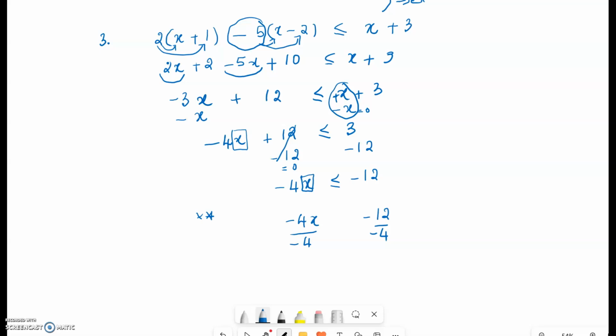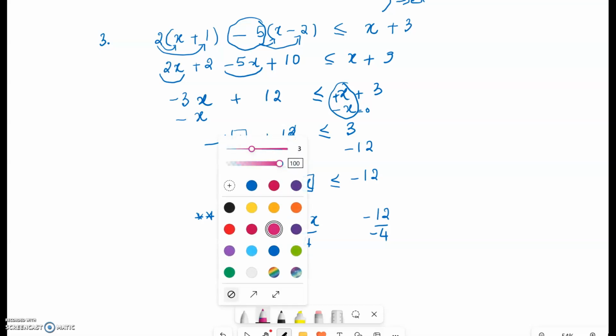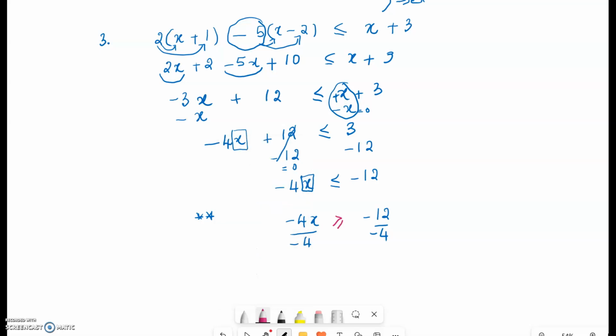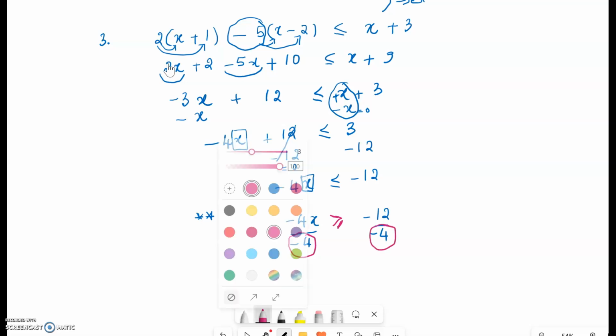Multiplying or dividing by a negative number is going to switch the inequality. It's going to change the direction of the inequality, because what we've done here is divided by a negative number on both sides.